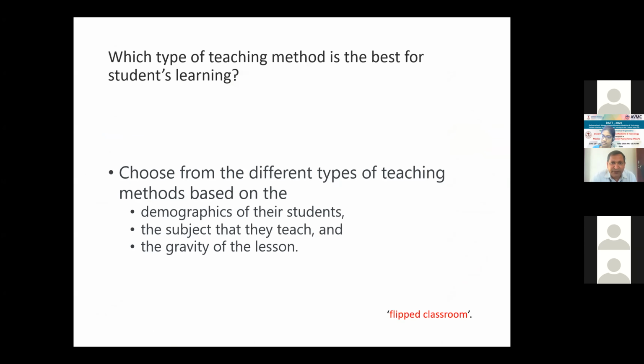Which type of teaching method is best for student learning? Then the question arises, which is the good one? It does not depend on which is the best one. It depends on what type of students there are, what subject you are going to teach, and the gravity of the lessons. Based on that, you decide what teaching method to adopt.